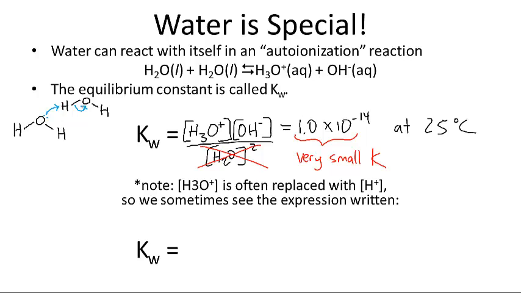That's how we end up with H3O plus. Remember, H3O plus would look like this. And then OH minus looks like this. So that's what autoionization is.